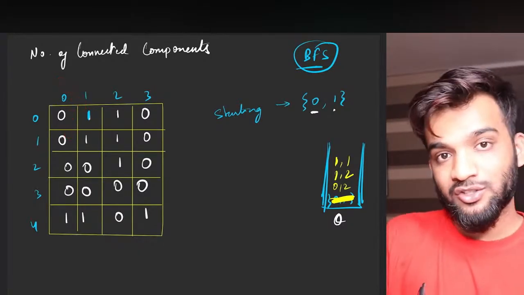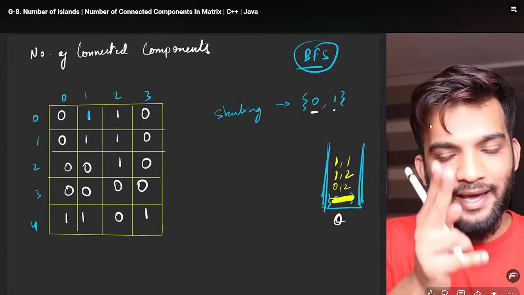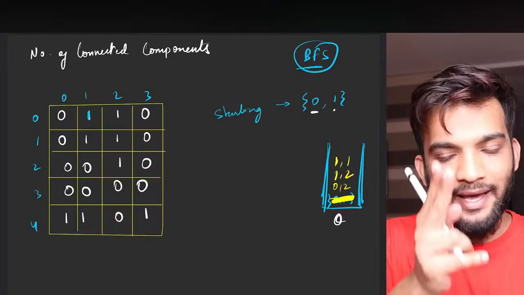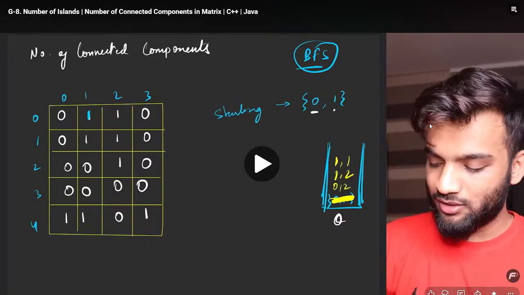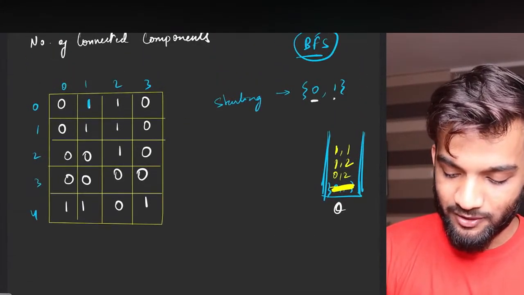Invalid. Over. So I checked all the 8 directions and I got 3 guys who were lands. Take them, and we are done for the first traversal.